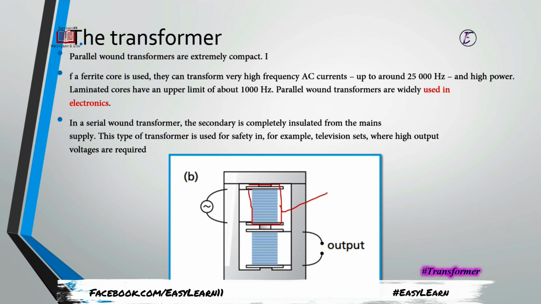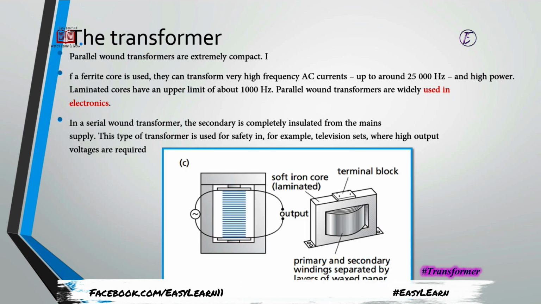The first coil is the primary, and then the secondary, both sharing the ferromagnetic iron core inside, and it is outside. So they are connected in a series way. We can simply say that this is a serial wound transformer, and it can be used for safety precautions in television sets and other high voltage equipment.